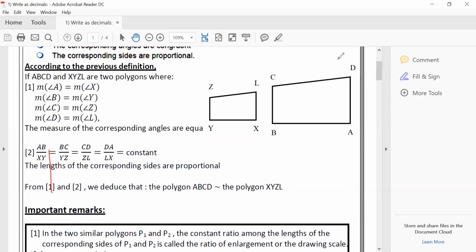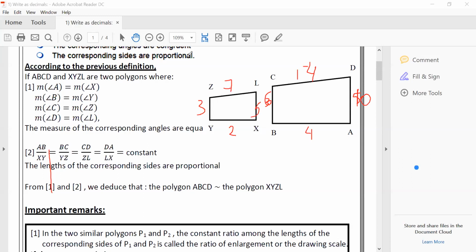Proportional means, for example, that I consider this side is 4, and these sides are 10, 14, and 6, and in the second polygon the sides are 2, 5, 7, and 3.